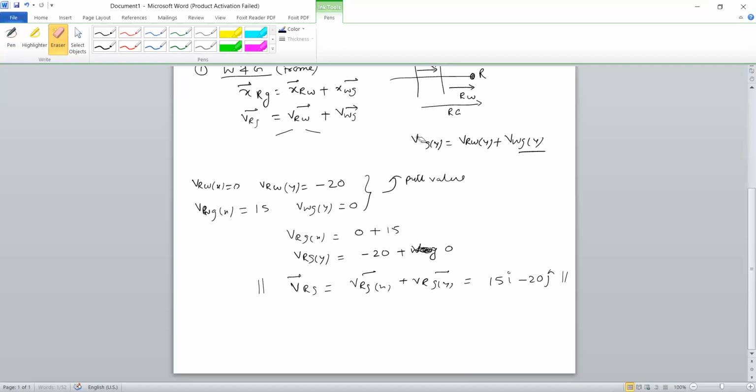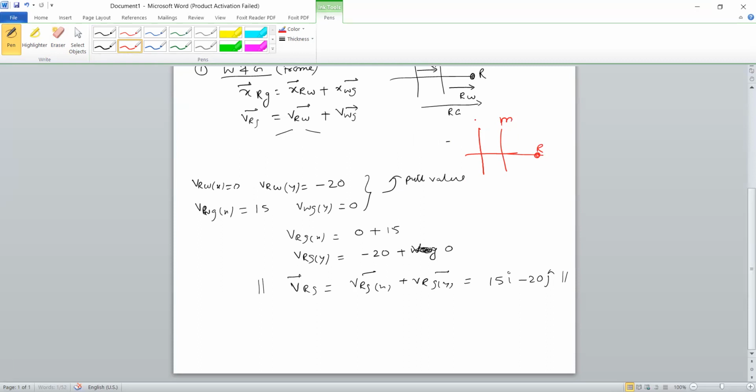I think you are finding this problem not that tough. It's all about the concept of frames. So in the next step, let us find two frames. First, rain is being observed.